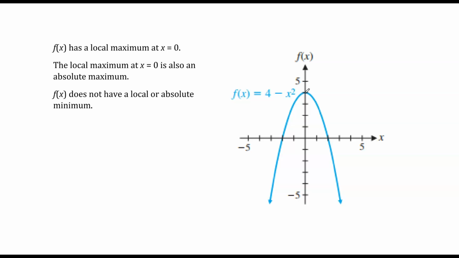So at x equals 0, we have a local maximum and an absolute maximum as well. Now note that the function extends to negative infinity. We do not know where the function ends. Therefore, we do not have a local minimum nor an absolute minimum in this case.